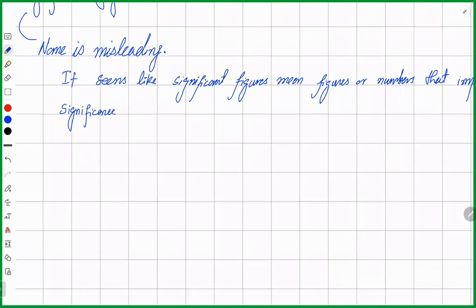Significance in this case means assurance of the value of a digit. Like how assured you are.